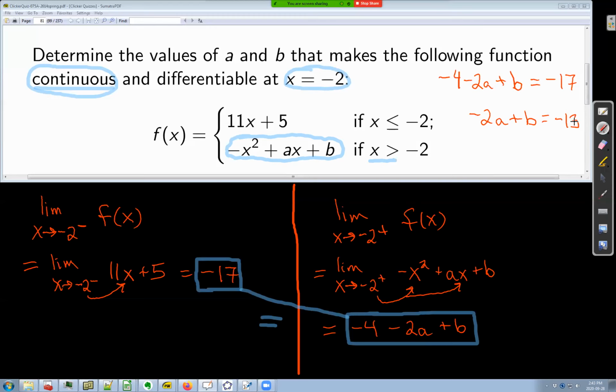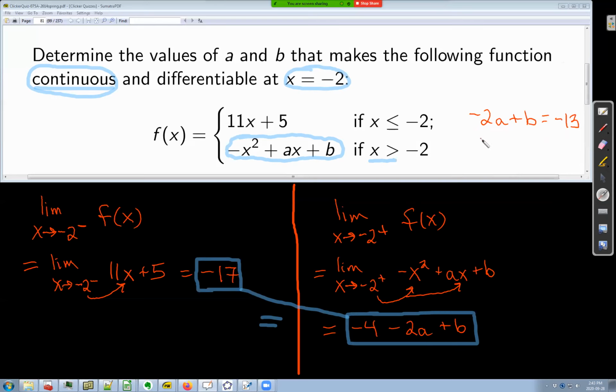So I've got good news and bad news. The bad news is that I'm not done, because this is one equation with 2 unknowns. I can't solve this for A or B. I don't have enough information, so I need more information.